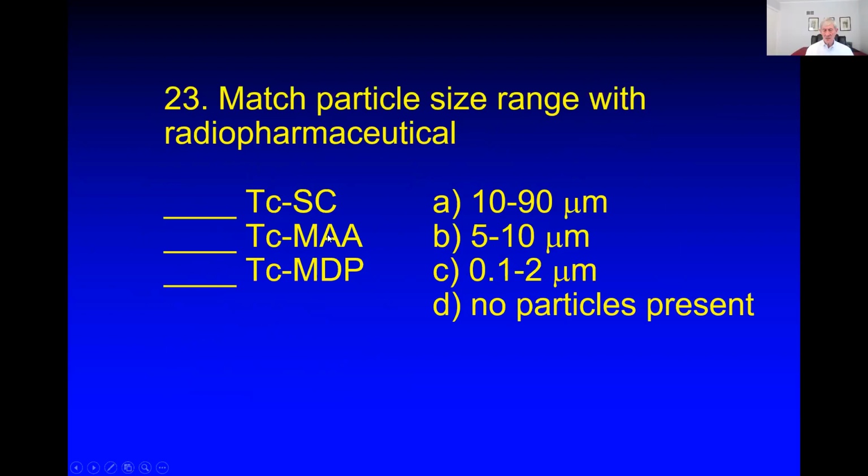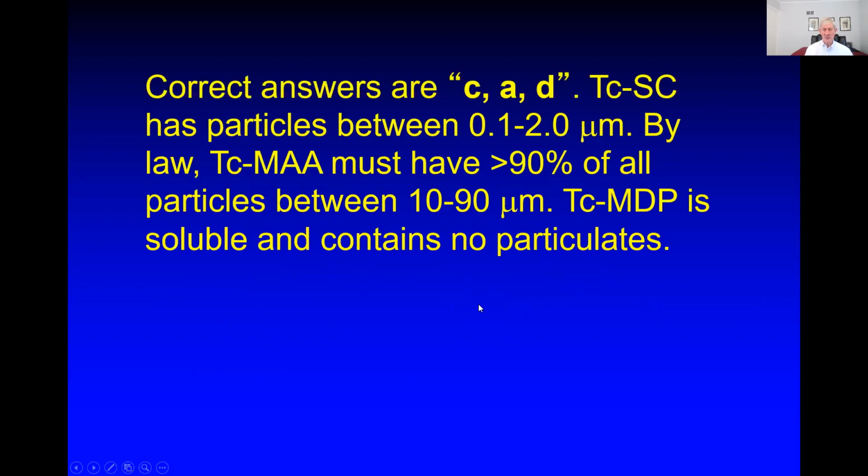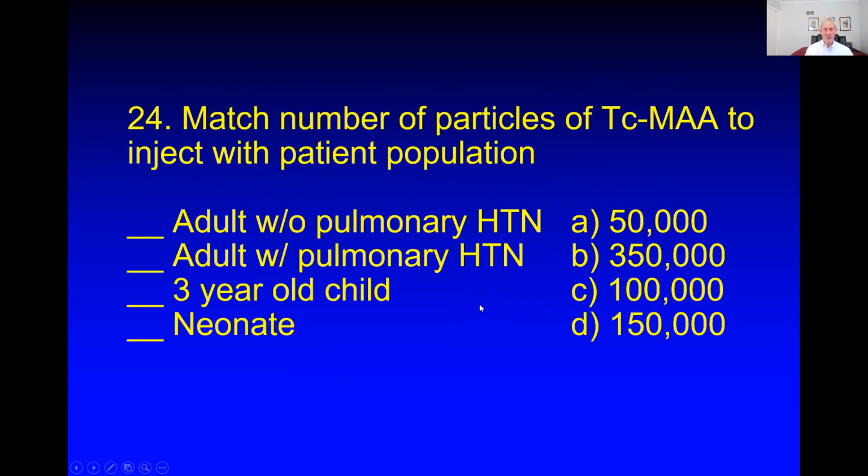MAA is A. By law, it has to be 10 to 90. MDP is D. MDP is totally soluble. It has no particles at all. So 5 to 10 is not an answer to anything. And so the choices would be sulfur colloid C, MAA A, and MDP D. And there they are.